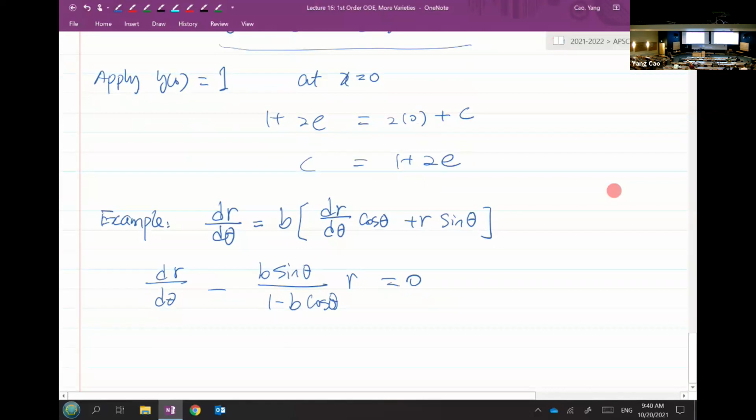So you get this standard writing of the equation. So this is a first order linear homogeneous ODE.